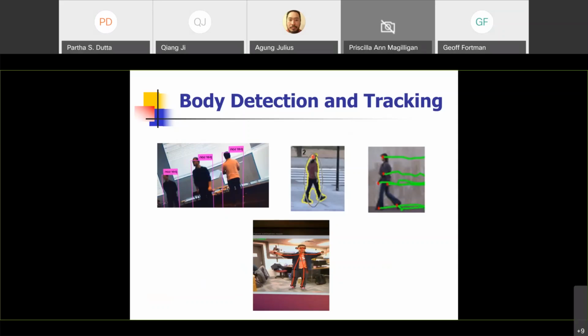The silhouette contains the human, and we can also detect the body joints, and use these joints to capture the human body. We can not only do detection for each image, we can also do body detection and tracking in real time over video. So this first step is body detection and tracking.